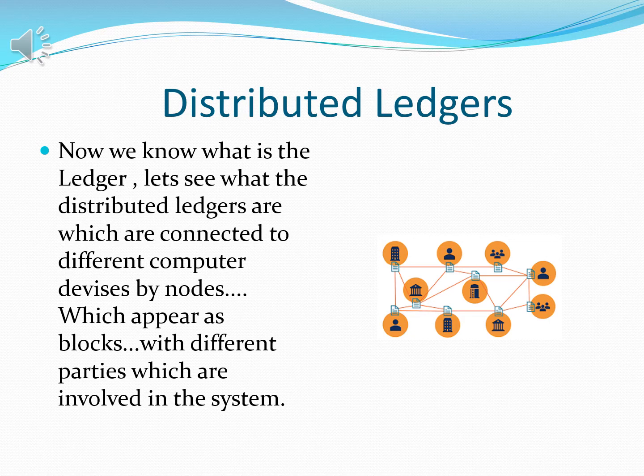If you see the picture, it shows one block, and all the parties involved in the system can see these ledgers, because everyone has a duplicate, a replica of that copy. So the transactions become more transparent, and everyone can see what is going on in that particular system.